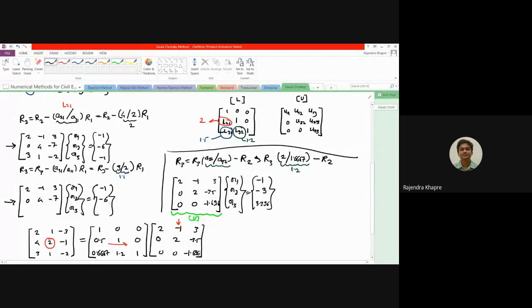Can somebody give me the value of third row? इसके बाद लेक्चर नहीं है ना?